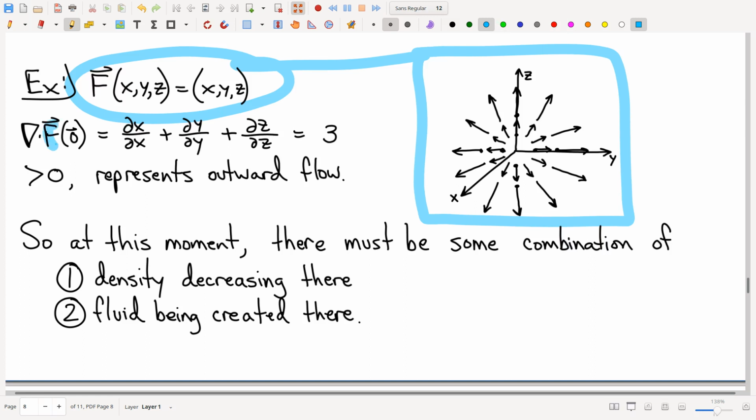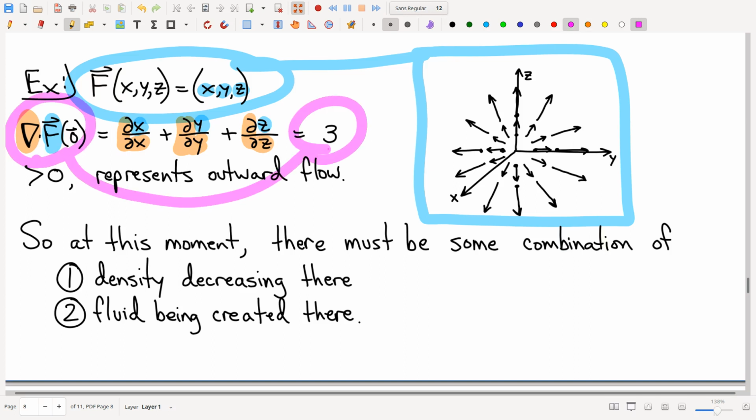Here's my vector field, with coordinates x, y, and z, and now we apply the del operator, dotting in particular. And you can just compute these partials. They're super easy partials, and the answer is 3. So the divergence is 3, which is positive, and that represents an outward flow.